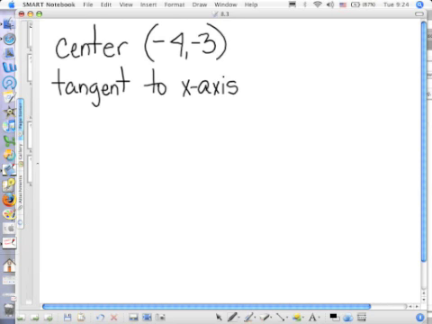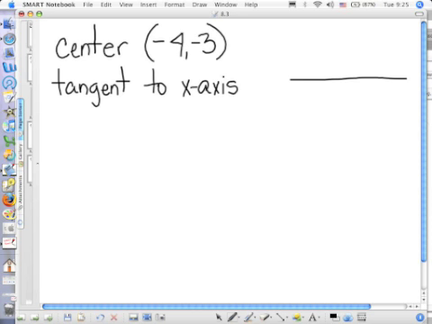All right. So let's say we're given this type of problem tonight, which you will be. Write the equation for a circle whose center is at -4, -3, and it is tangent to the x-axis this time. All right, so let's just mentally or physically draw a picture of that.